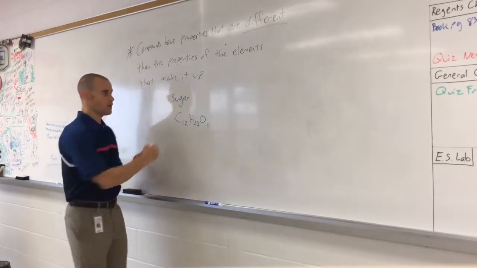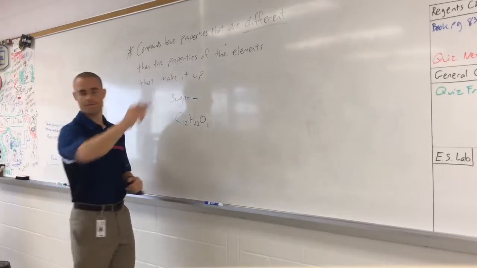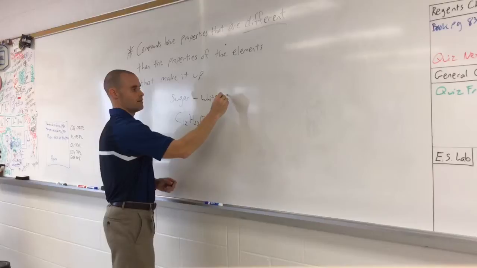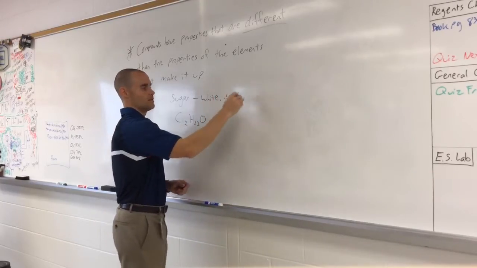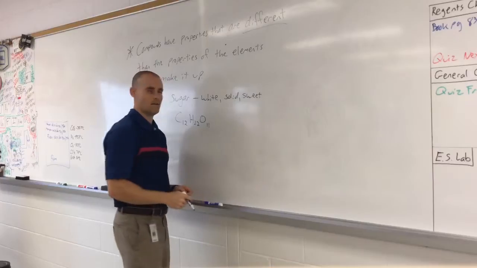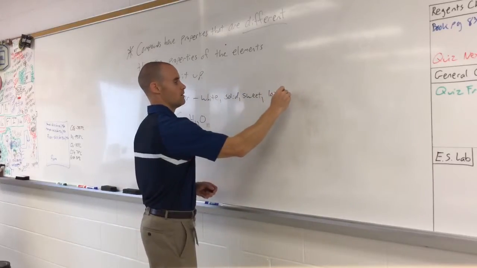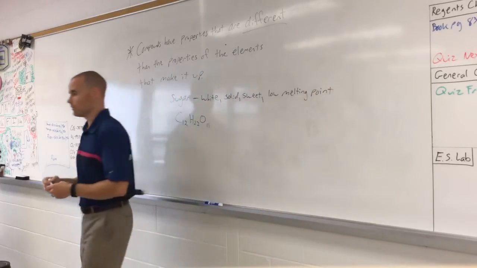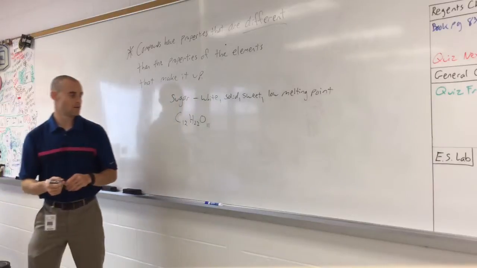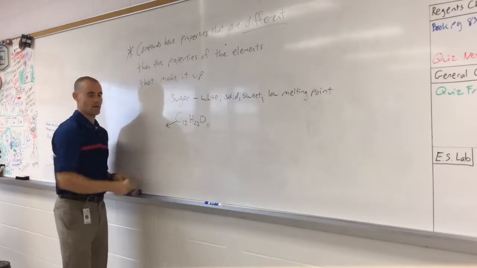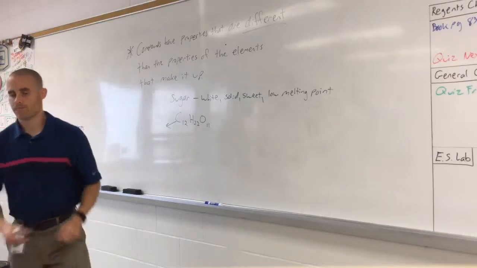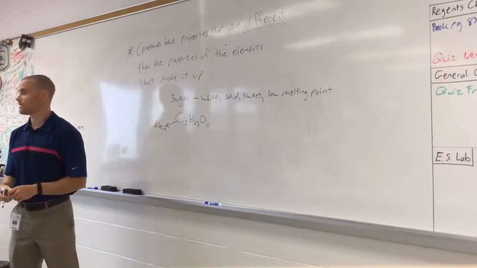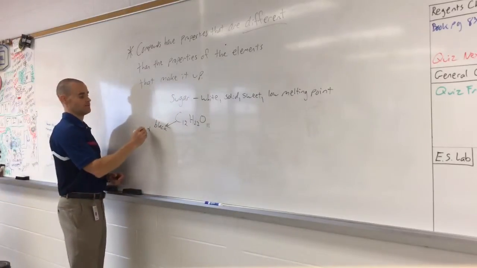Sugar. Give me the properties of sugar. What color is it? White. What physical state? Solid. How's it taste? Sweet. It's actually low melting point. Easy to melt. You can melt sugar in a pan on your stove. Let's talk about carbon over here. This carbon right here, what color is it? Carbon's black. Anybody want to taste that? No. Guess how it tastes? Terrible.